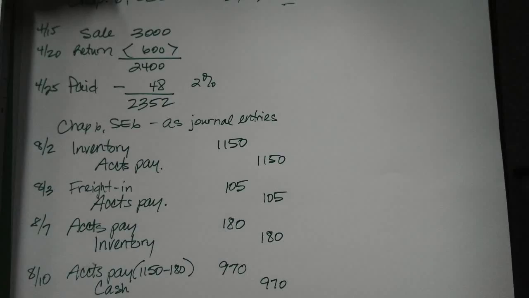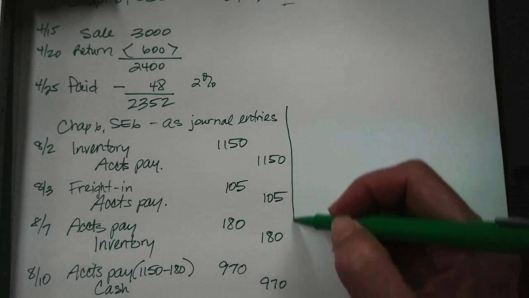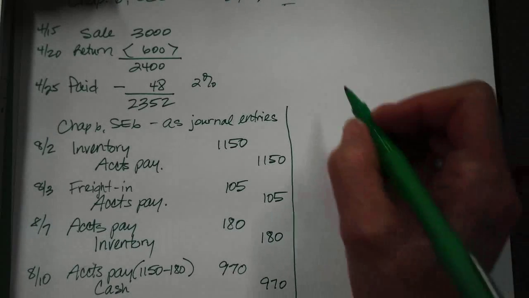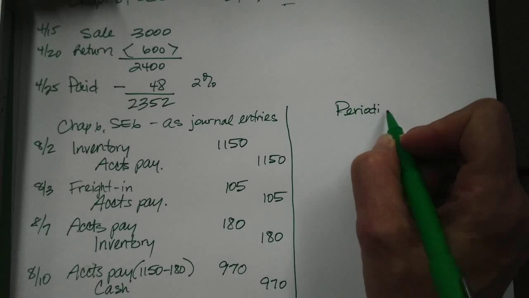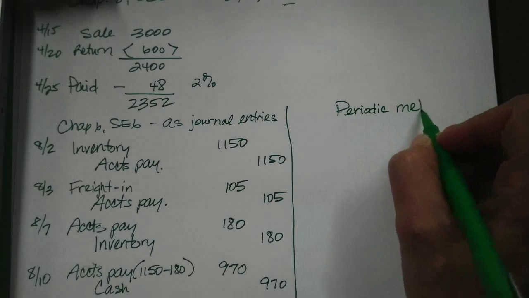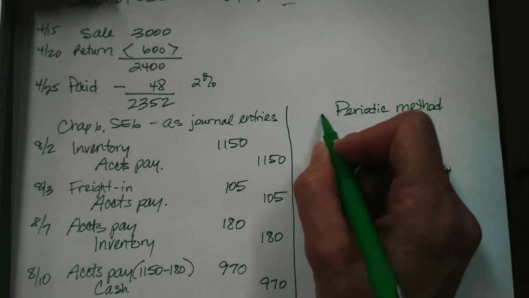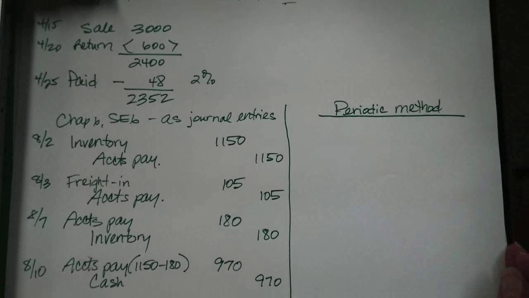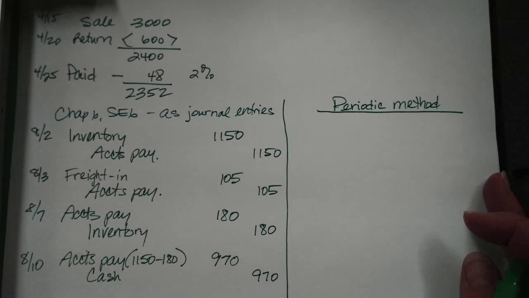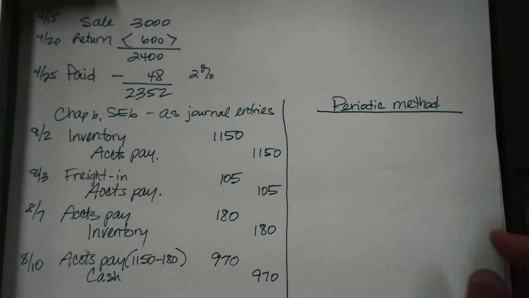Now we are going to redo this problem using the periodic method. I'm going to do it right over here. So if I kept my inventory on the periodic method, meaning that I didn't try to track all the ins and outs on inventory, some of my entries would be very different.